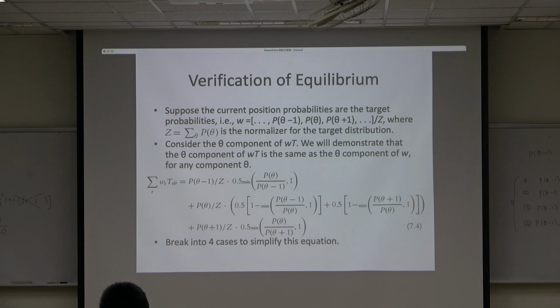You are going to have a plus p theta, minus p theta minus 1. And then you get this one out, you get this one out. And then you have plus p theta, right?